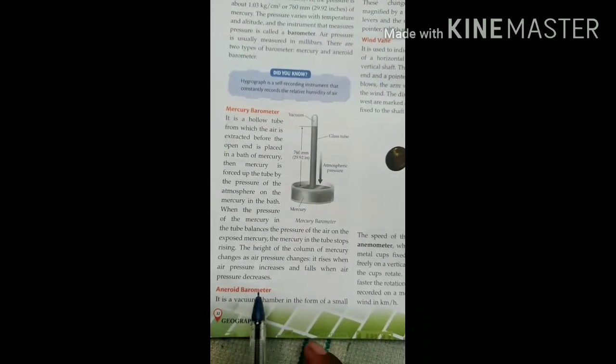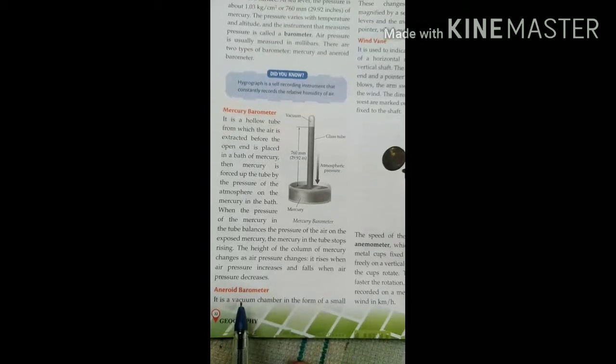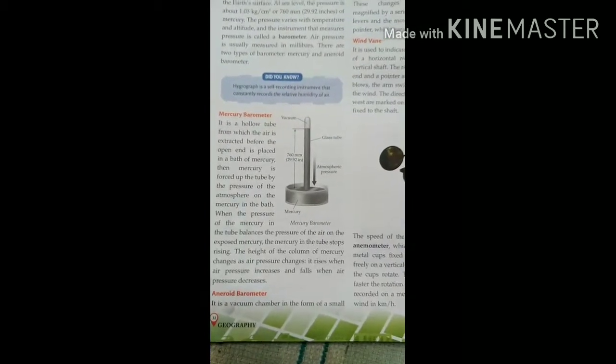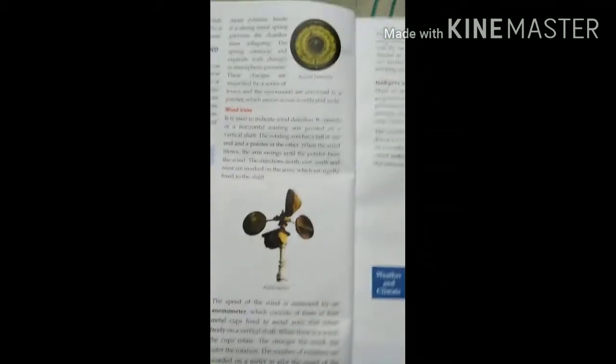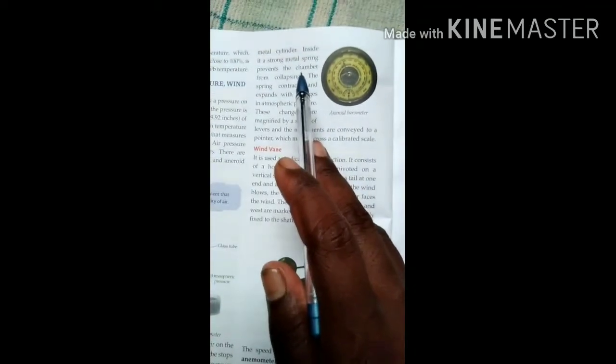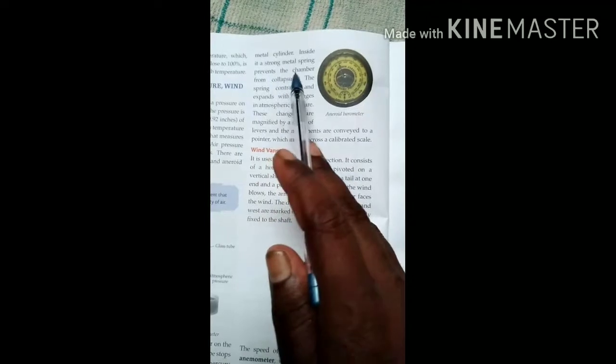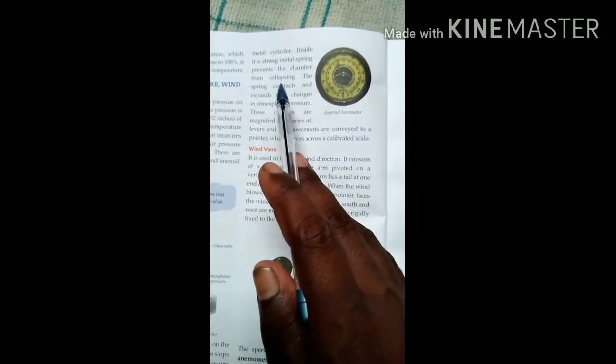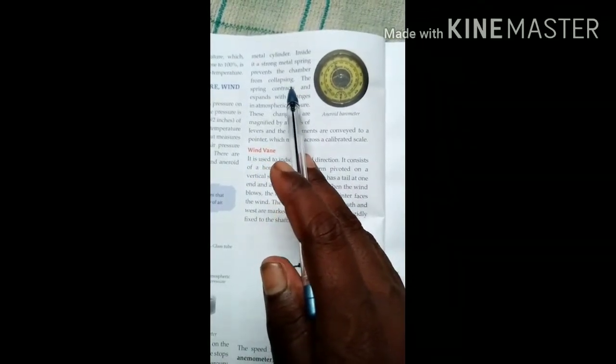Now, aneroid barometer. It is a vacuum chamber in the form of a small metal cylinder. Inside it, a strong metal spring prevents the chamber from collapsing.